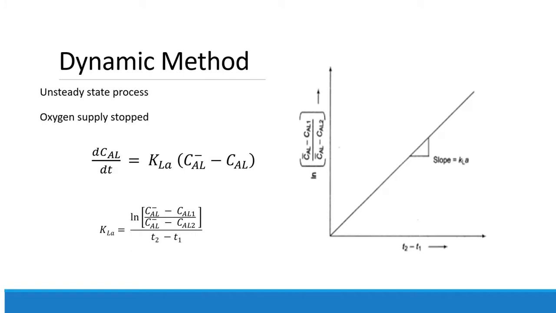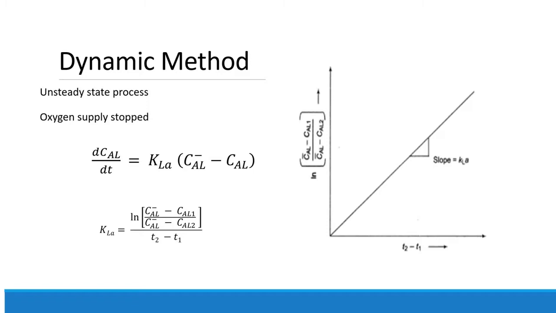For achieving better accuracy, we can collect a set of data points of CAL and T. They can be plotted on the graph taking ln of C bar AL minus CAL1 divided by C bar AL minus CAL2 on y-axis and T2 minus T1 on x-axis. The slope of the straight line passing through the origin gives an average value of KLA.